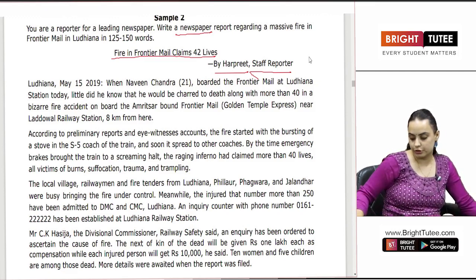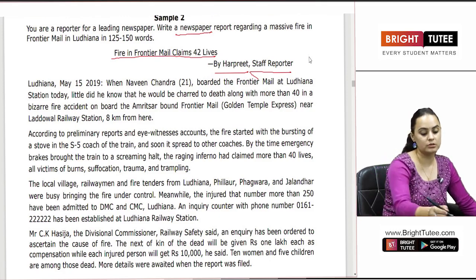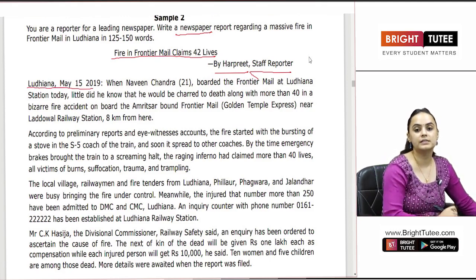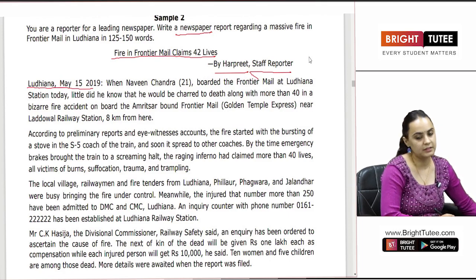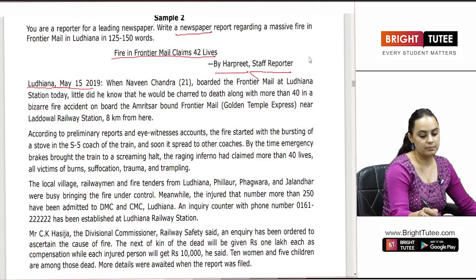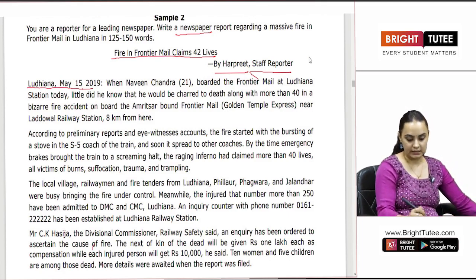Again, like I told you, when writing a newspaper report, the first thing that we write is the name of the place and the date. So, Ludhiana, May 15, 2019.